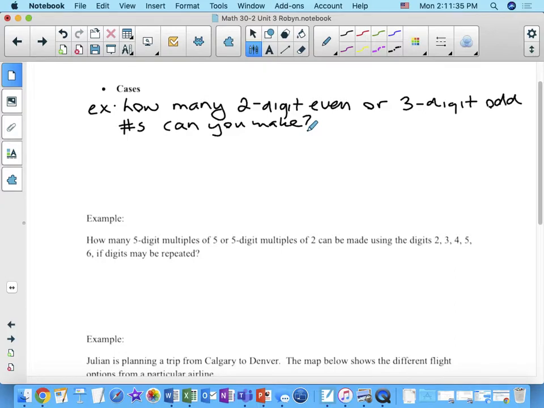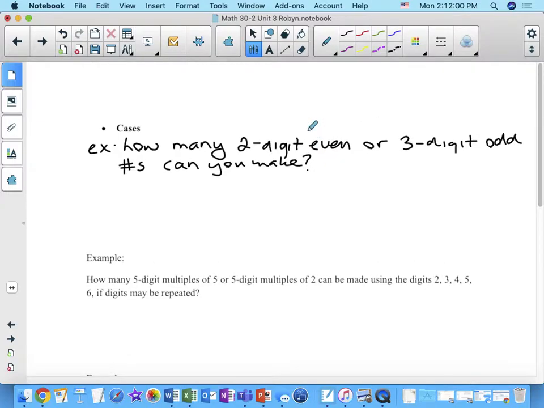Can anyone see what that word is? It's not digit. Yeah. It's or. This or this. Case 1 or case 2. Okay. So one thing that you really want to look out for with cases is the word or.